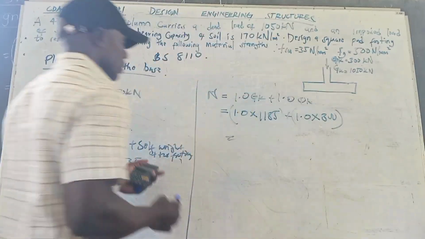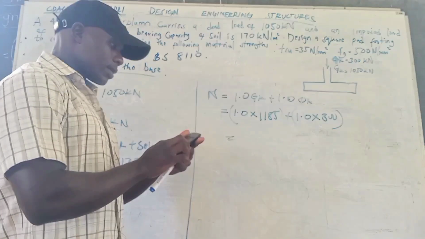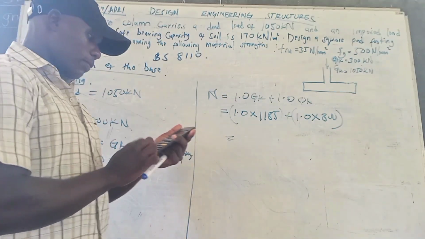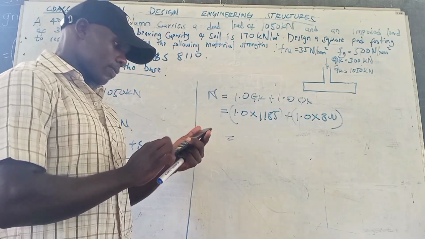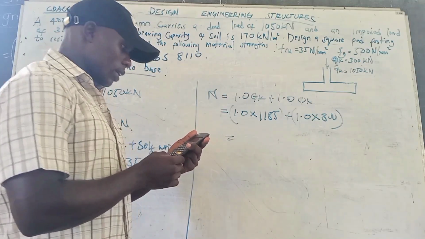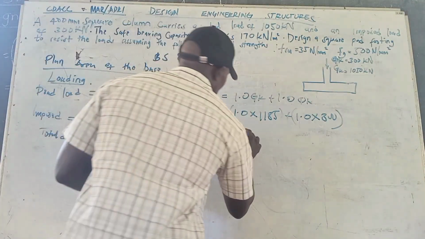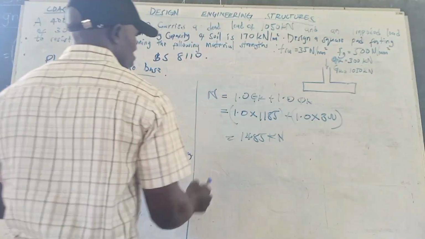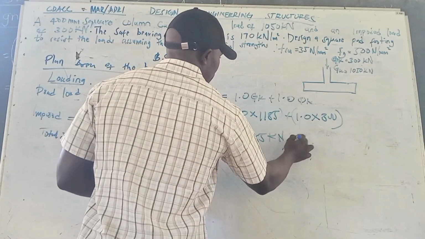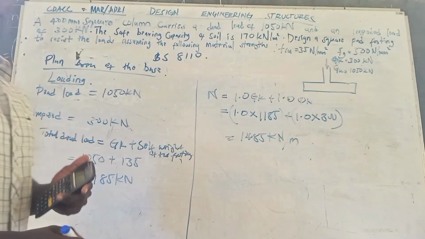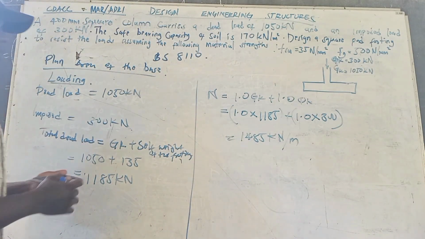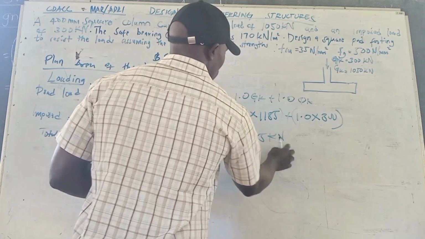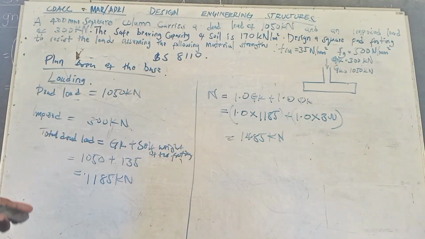What do you get? 1185 plus 300 to get 1485 kilonewtons. So that is the service load.